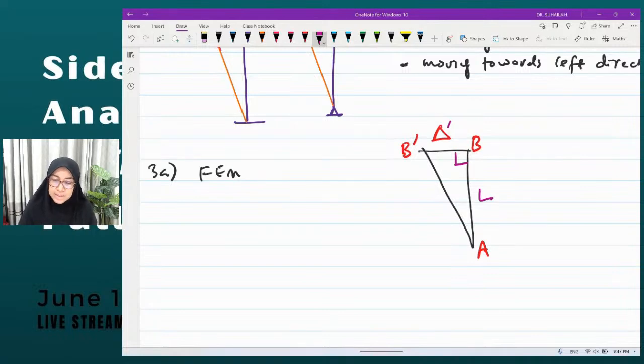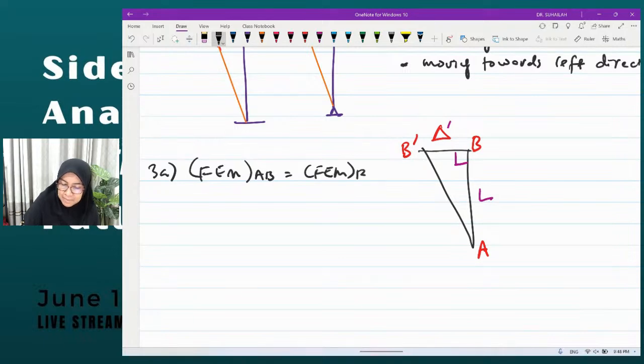So there will be moment at A and B, which we call FEM AB, which is equal to FEM BA. Same value, same behavior. So we assume the value is 100 kilonewton meter.